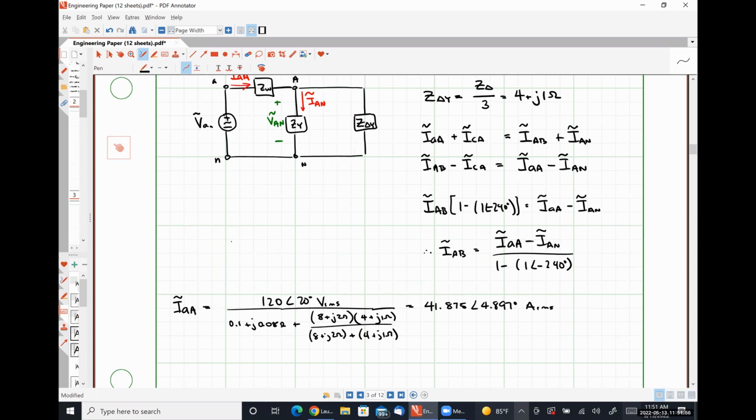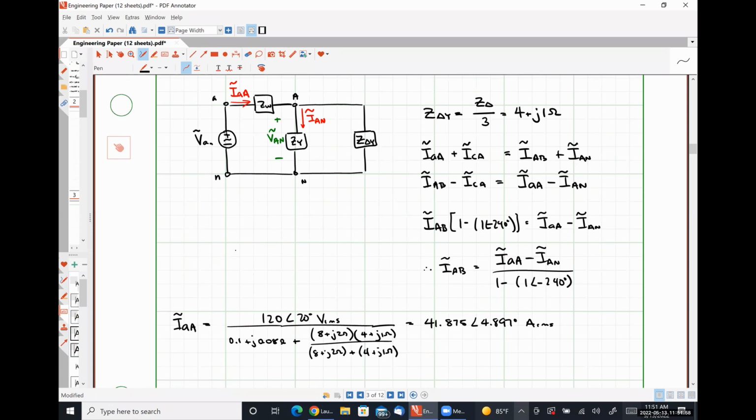All right, so knowing IAA, how can we figure out IAN? Current division, absolutely right. We know the amount of current that's entering into this parallel combination of impedances.